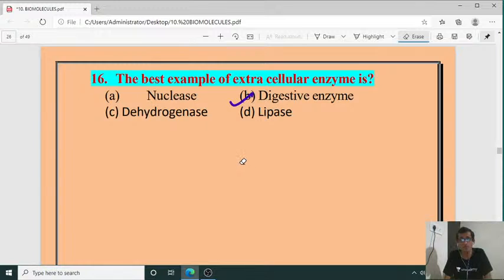These enzymes are going to work outside of the cell in the gastrointestinal tract, so it is called an extracellular enzyme. These enzymes are never going to work inside the cell. It is outside of the cell in the gastrointestinal tract or the digestive tract. We can observe the reaction.